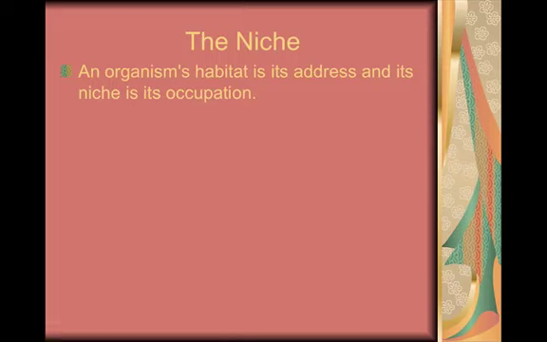An organism's habitat is its address, so that's one thing to remember. The habitat is its address, and its niche is its occupation, or the role that it plays in the ecosystem.